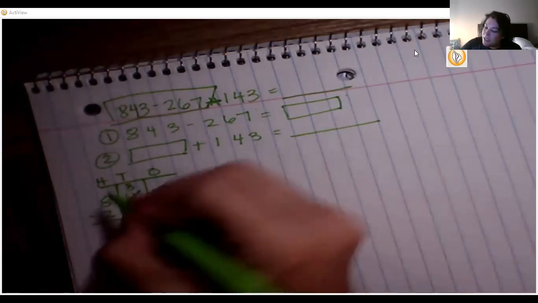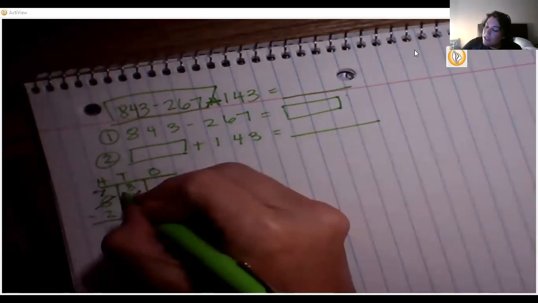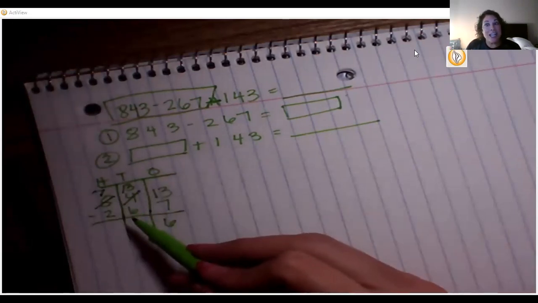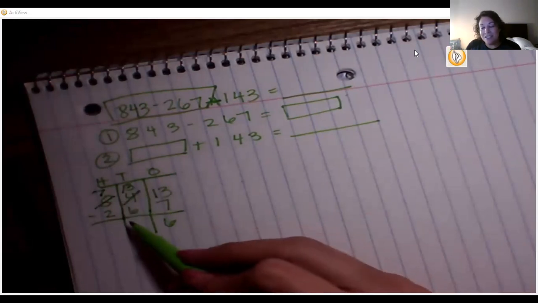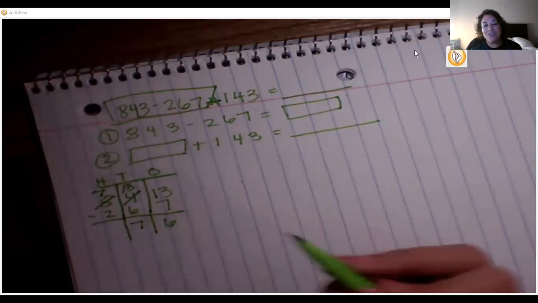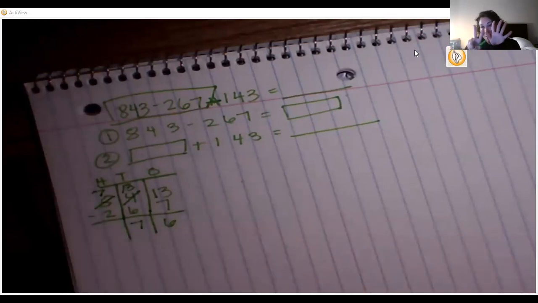We need more regrouping. Take 1, add 10. 13 minus 6 is that near double too. I know that because 6 doubled is 12, but it's 1 more than that. 1 more than 6 is 7. I have 7. Can I take 2? Yep, you get 5 left.